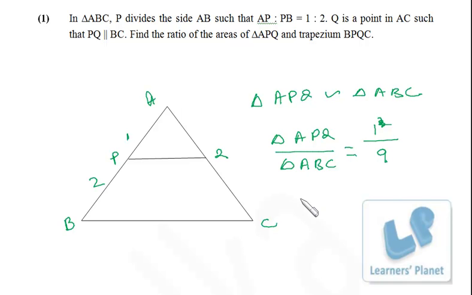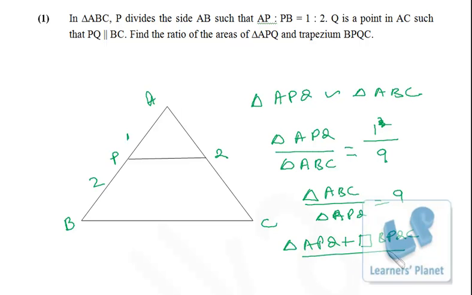That means we can say area of triangle ABC by area of triangle APQ will be 9. Now area of ABC can be written as area of APQ plus trapezium BPQC, because ABC is a combination of APQ and BPQC, by area of APQ is equal to 9, right?